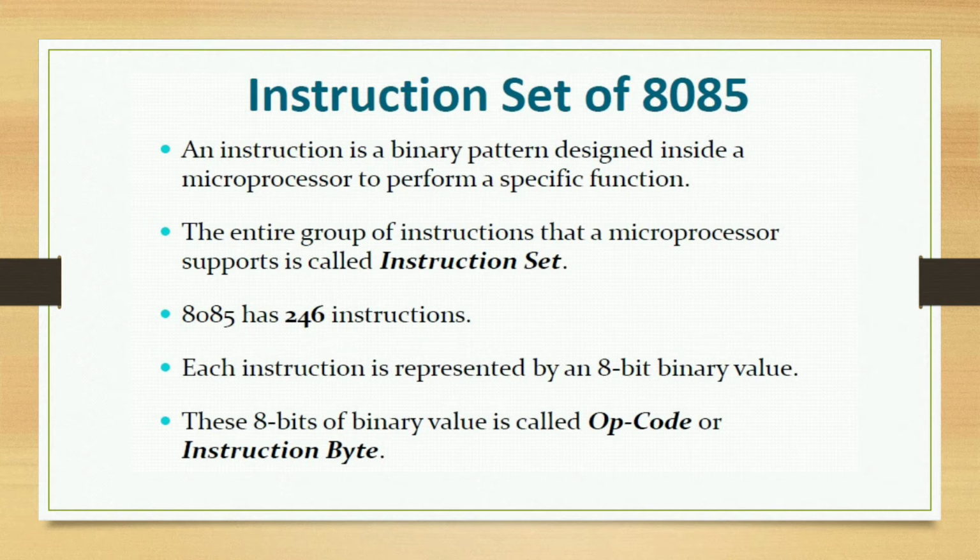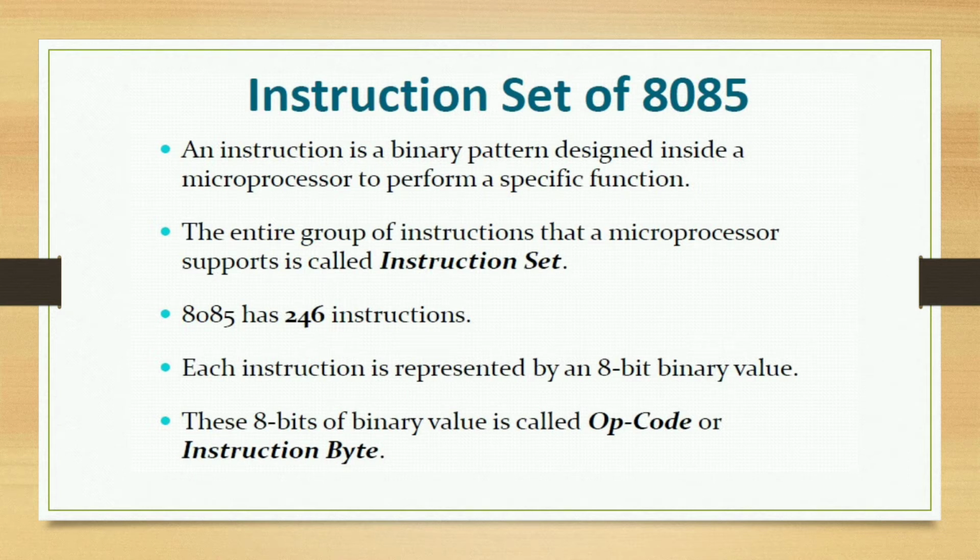Instruction set refers to a collection of instructions that the microprocessor can execute. An instruction consists of two parts, that is opcode and operand, which we discussed in previous classes.